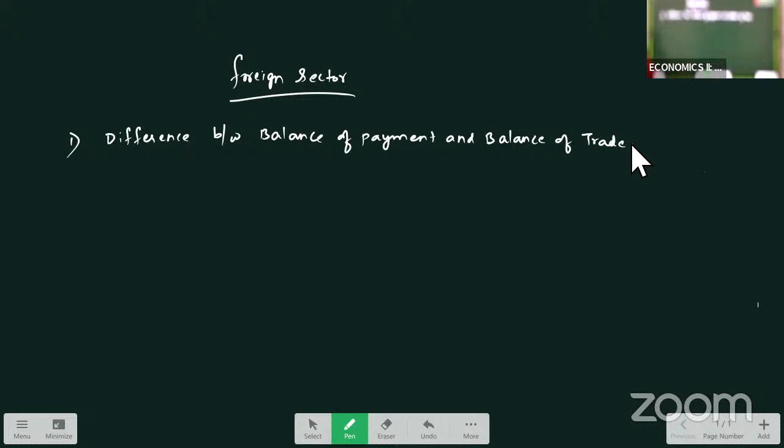Now we will see what the difference between these two is. What are balance of payment and balance of trade? First, let us study what is balance of trade.